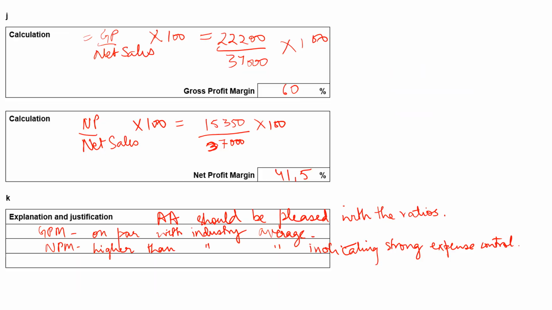Last but not the least, part J and K asks us to calculate the gross profit margin and net profit margin, as well as with part K, it says whether Antique Arts, which I've shortened here as AA, should be satisfied with the responses that we get for part J. And then it also gives us industry averages, and we need to justify that response.